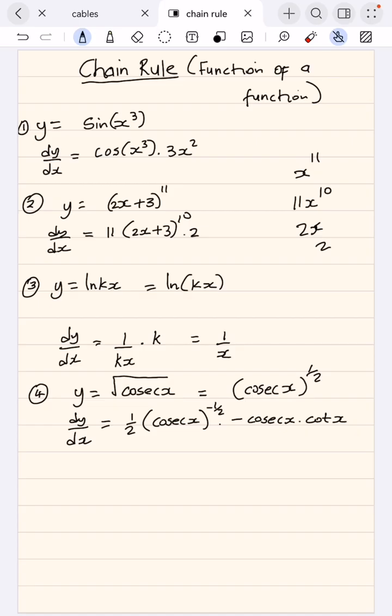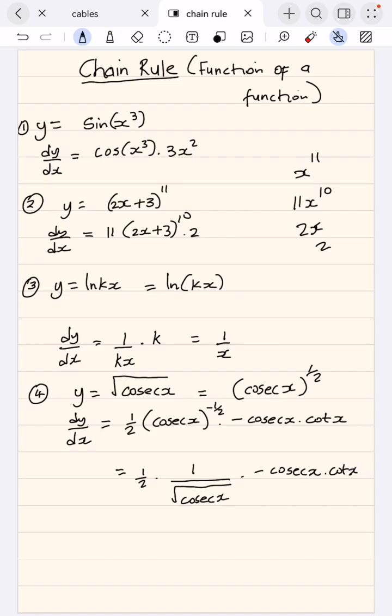Okay, I think they like saying leave your answer in positive exponent. So which means the 1 over 2 will be there. The negative, if we take it to the bottom, becomes positive. So positive half is the same as square root. The negative cosec and cot.